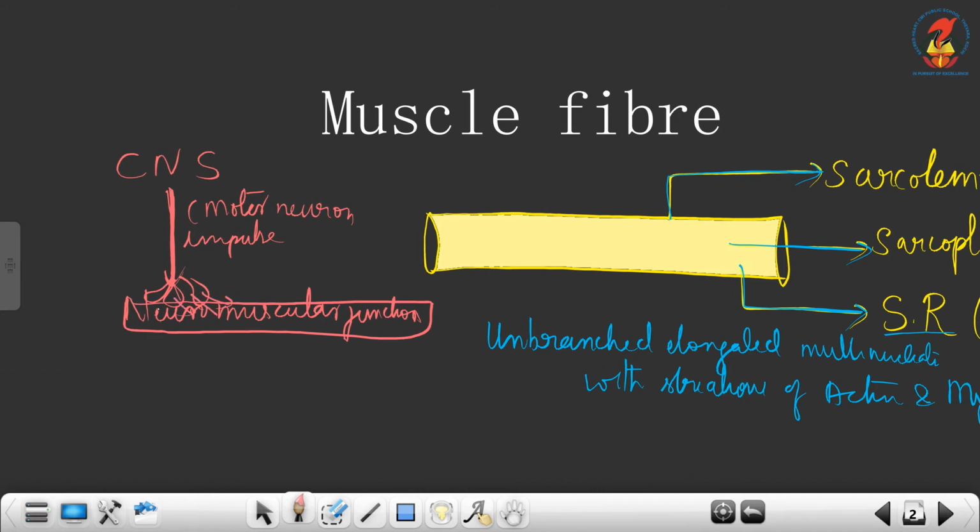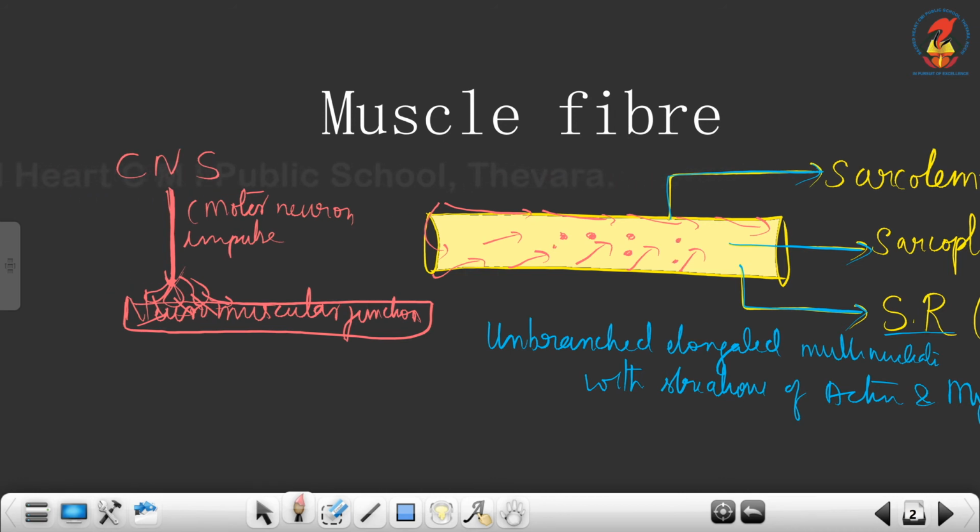It releases the neurotransmitter acetylcholine, which initiates an action potential, and this action potential first propagates through the sarcolemma, then it enters the sarcoplasm and finally reaches the sarcoplasmic reticulum, which releases the calcium ions and then starts off the events.